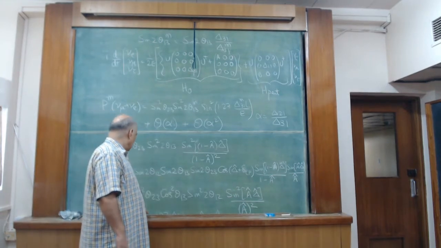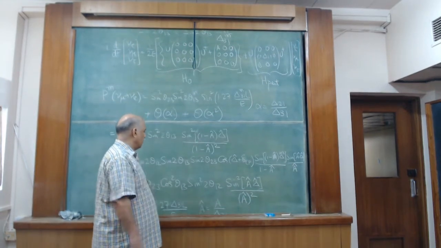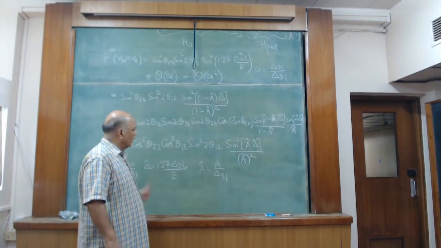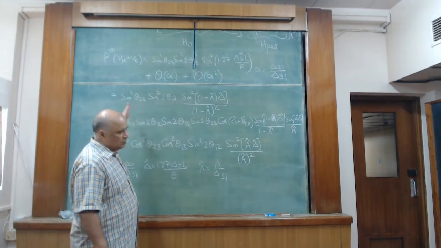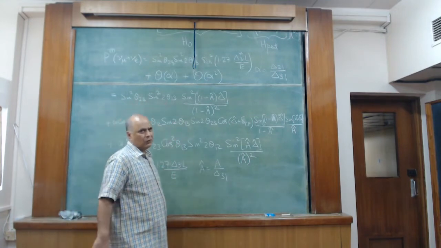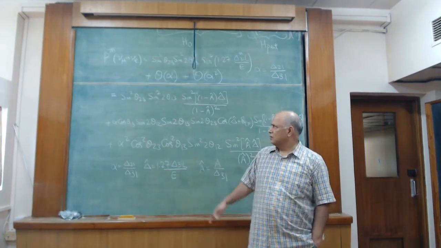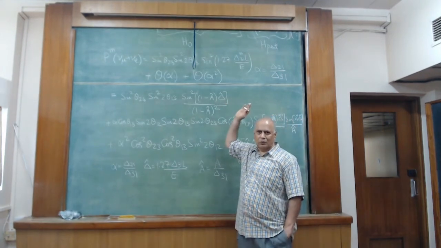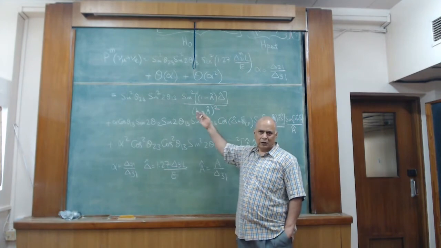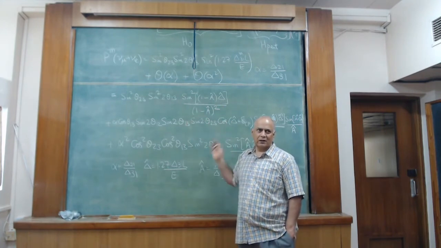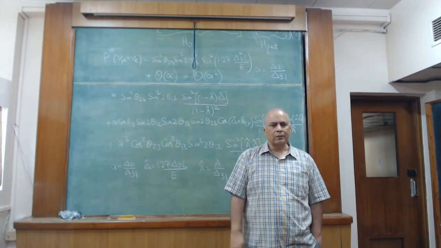So the reason I have written this formula in this format is, well, two reasons. This is the format in which it was originally derived, and this is the format you see in almost any paper that you refer to when you consider matter effects in three flavor oscillations.